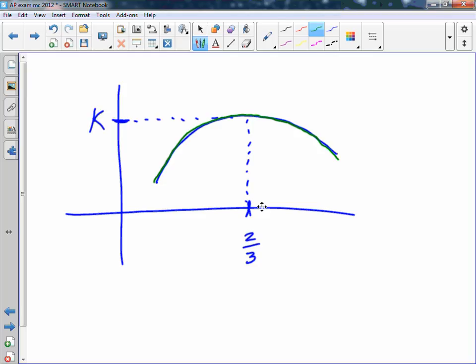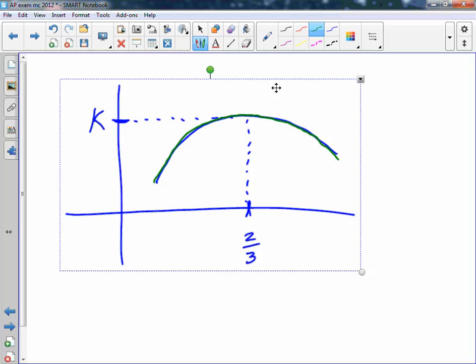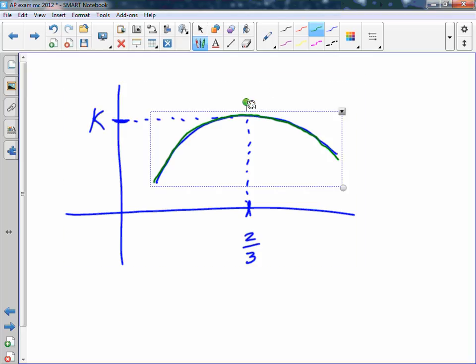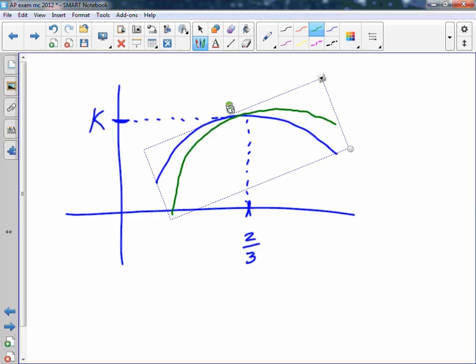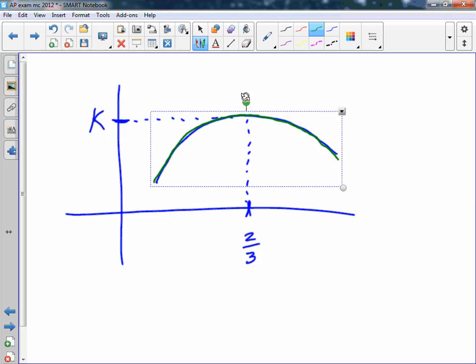But they're saying when x equals 2/3, what value of k will produce a critical point where the slope is 0? That's why we set it equal to 0.